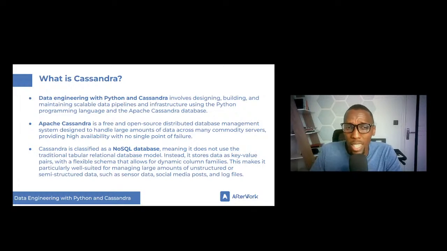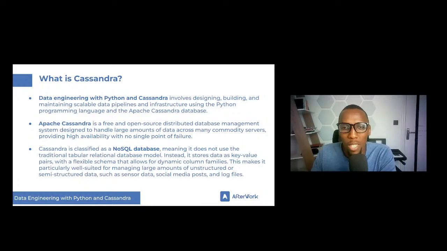Something else to note is that Apache Cassandra allows you to store lots of data, and it also allows you to store them in a secured way. Data would be stored in what are called clusters, which would be more like multiple different machines, which would tend to store copies of data.